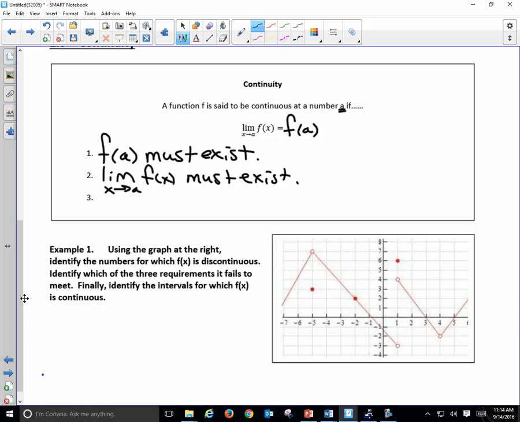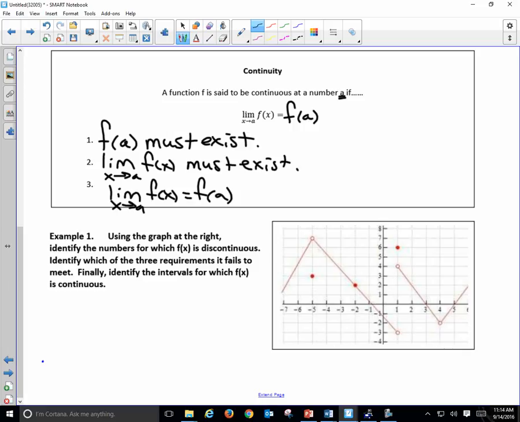It would be discontinuous. And the third one is to really put that together. The limit as x approaches a, so number 2, of the function must be equal to the first part, f of a. Number 1 must be the same as number 2. Now, if they are discontinuous, they will all obviously fail number 3, but we're going to focus on 1 and 2. So let's go over a first example here.